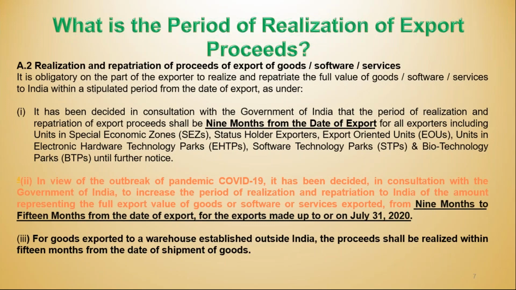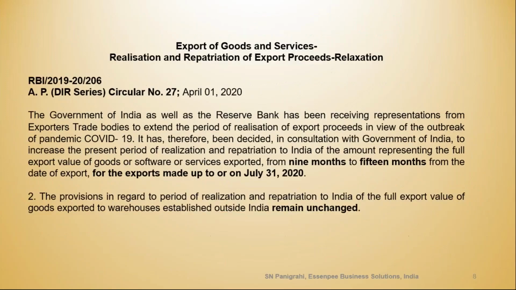That is, when the goods are shipped from India and leave for the warehouse overseas, that is the starting point, and within 15 months you have to get the realization. So this is about getting the realization in case of exports.